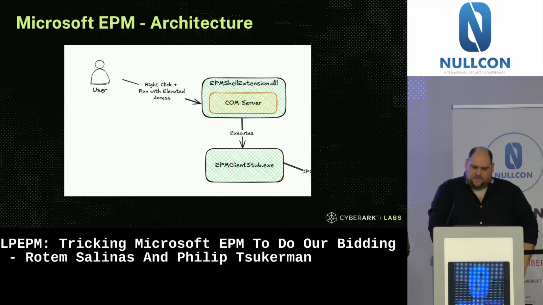Then we have the EPM client stub, which is a .NET executable binary that is invoked by the shell extension and communicates directly with EPM.exe through a named pipe whose name is randomly generated and saved into the registry, to initiate the elevation of a target program.